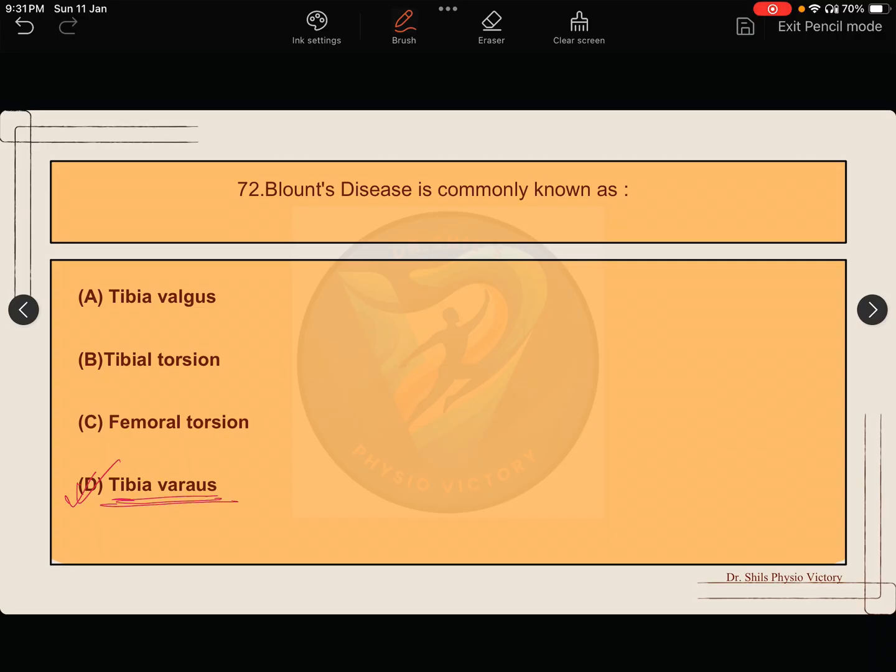Blount's disease, also known as tibia vara, or also called infantile tibia vara.